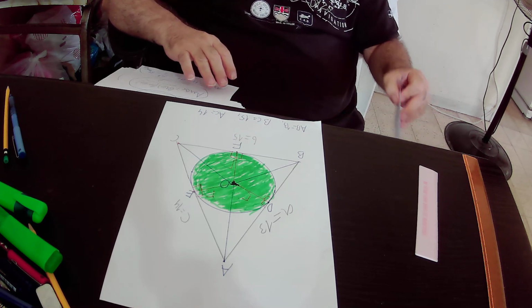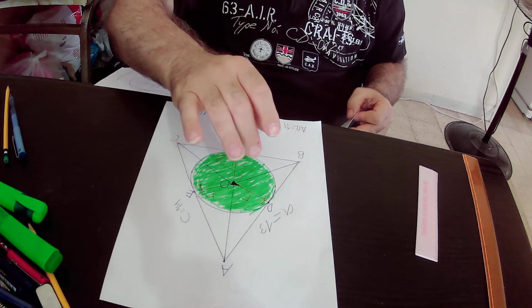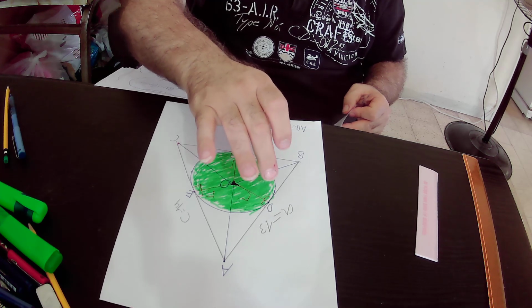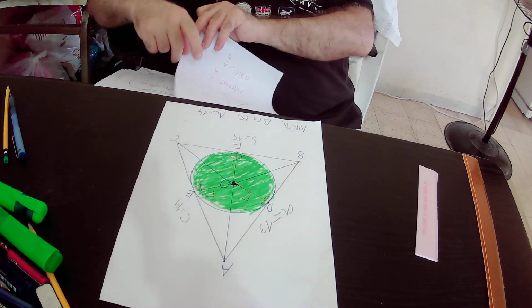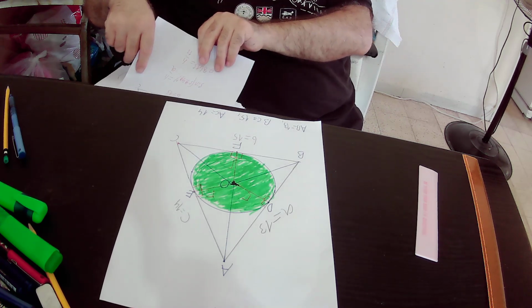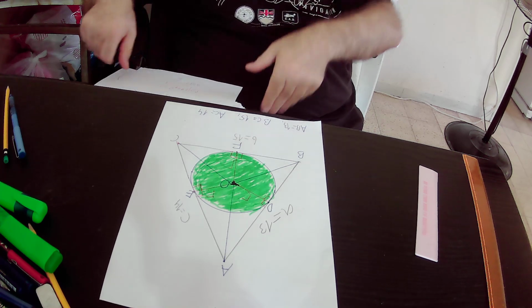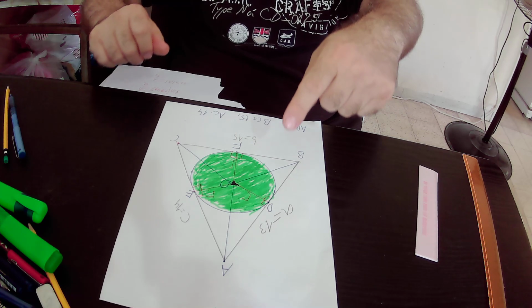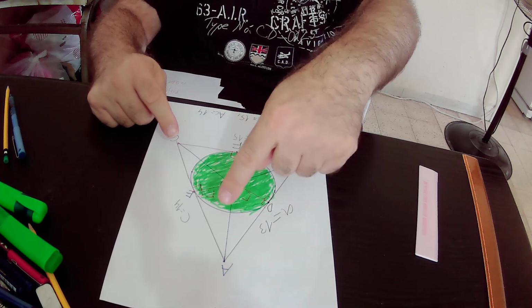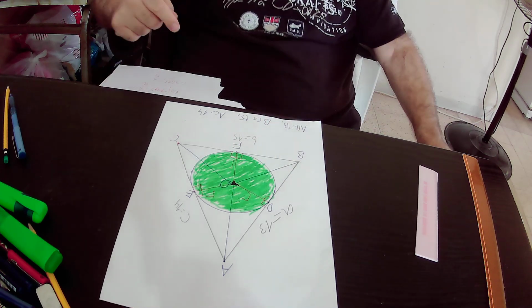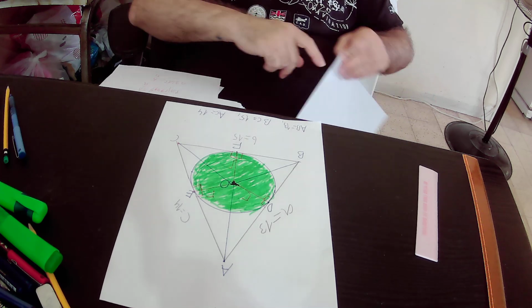And we also know that AB equals 13 units, so we defined AB as A equals 13 units, and we defined BC as B, and we know that B equals 15 units, and we defined AC as C, and we know that C equals 14 units. Okay, and we want to find out the area of the green circle.